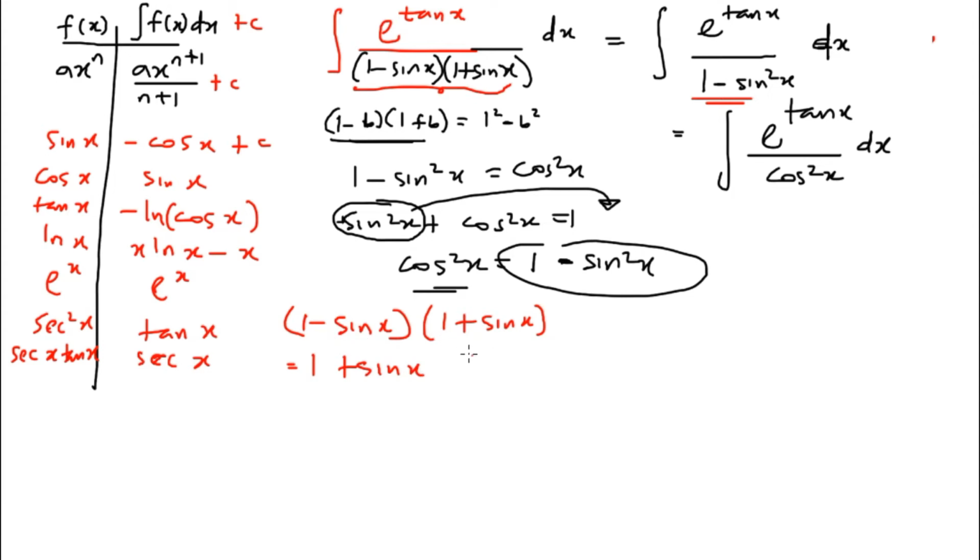Negative sine x multiplied by 1 is another negative sine x. And negative sine x times negative sine x gives negative sine squared x. The sine x terms cancel, so I'm left with 1 minus sine squared x, which by trigonometry equals cos squared x.